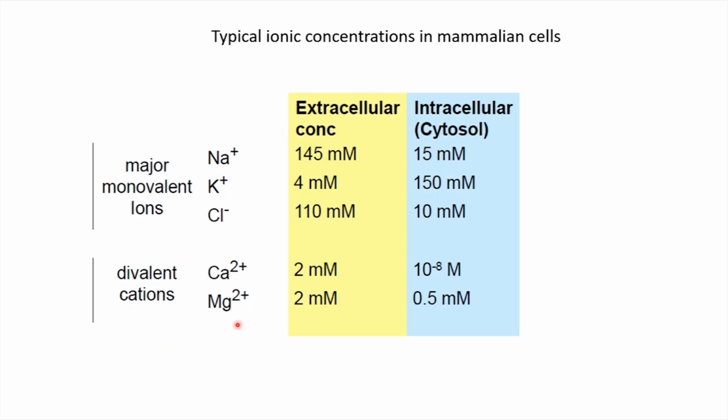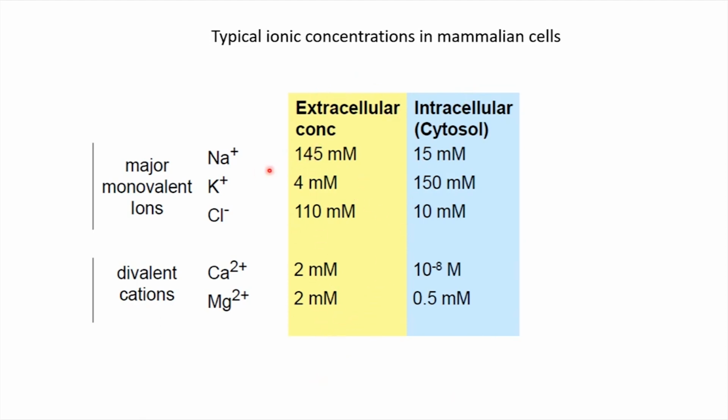and magnesium Mg2+. And these columns show the concentrations of these ions inside the neurons here, intracellular or cytosolic concentrations. And this is the concentration of these ions outside the neurons or outside other cells.